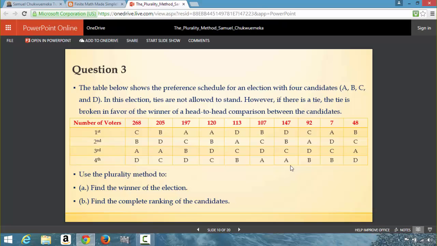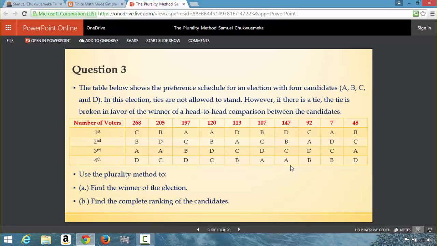A Condorcet candidate is a candidate that wins every head-to-head comparison, also called a pairwise comparison, against every other candidate.